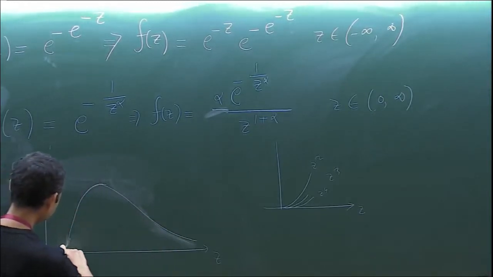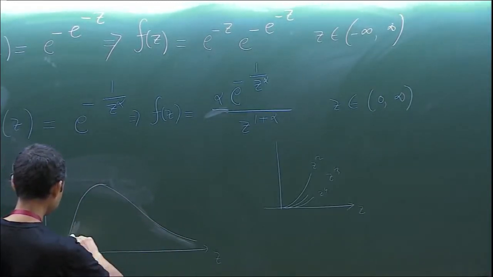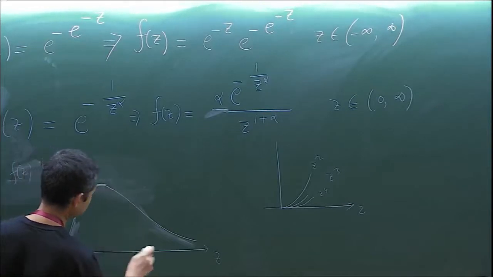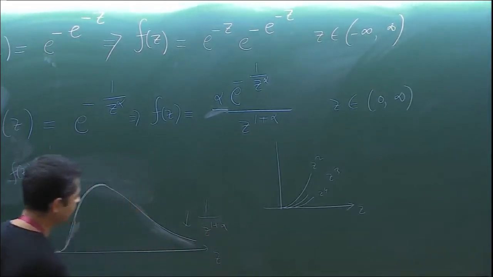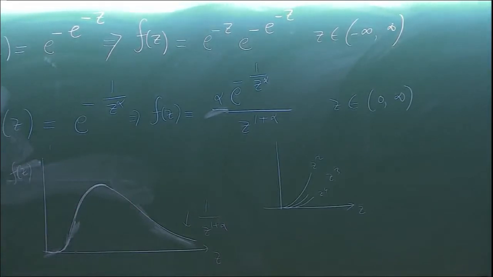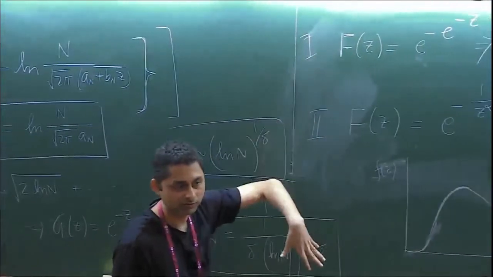So this is a function something like that. And this guy goes like 1 by z to the power 1 plus alpha. So you have a different function now. So you have a class where you have a power law tail, and you have a class which decays faster than a power law tail. So you have two different functions.